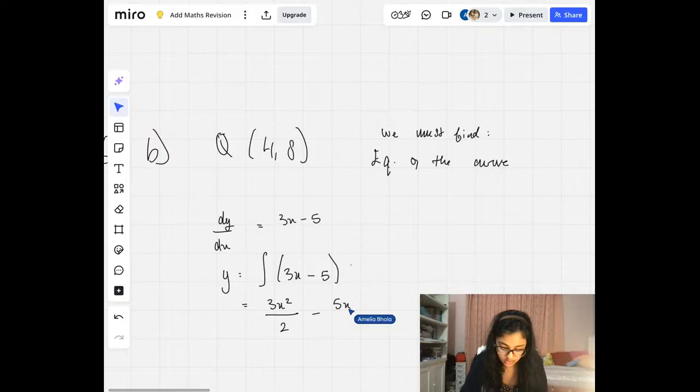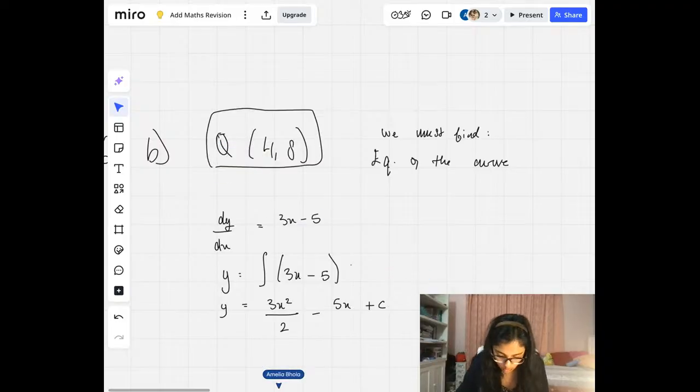Plus c. So how do I find the plus c? I need to use this point over here. So at the point q, x is equal to 4 and y is equal to 8.